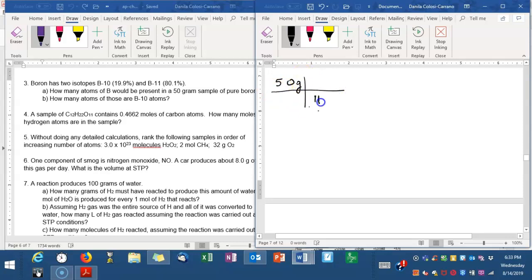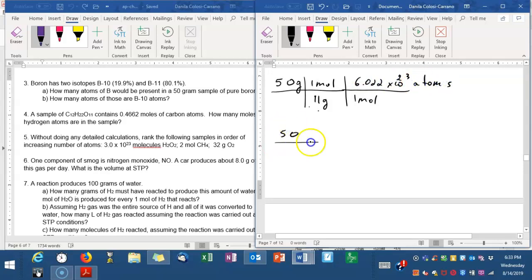Boron 11 means that 11 grams in 1 mole. And in 1 mole, there are 6.022 times 10 to the 23rd atoms.